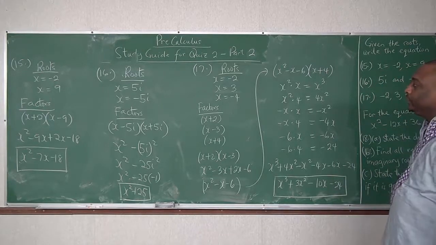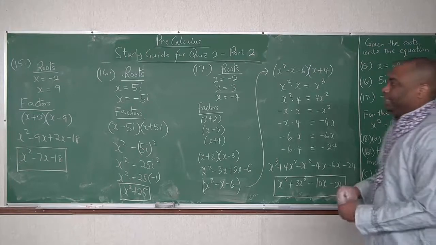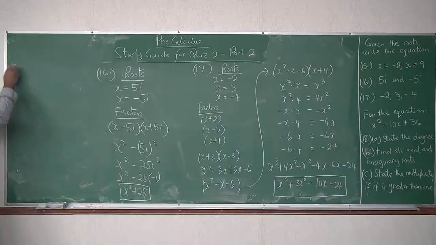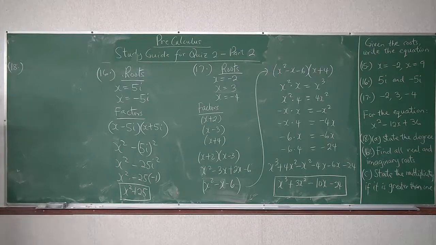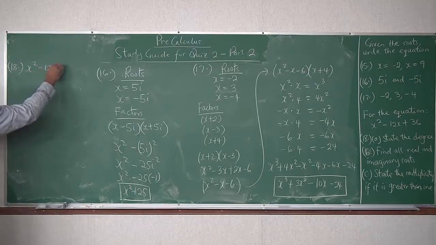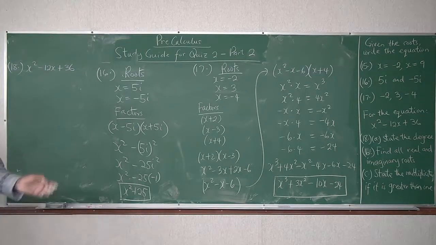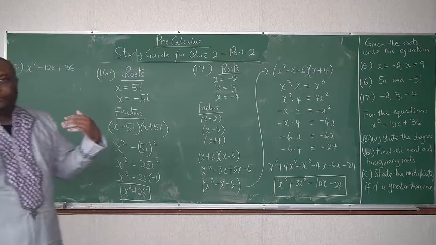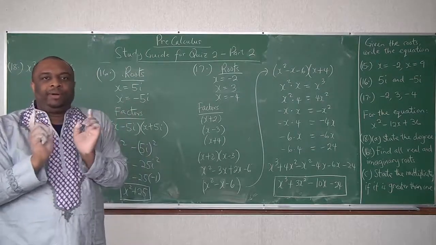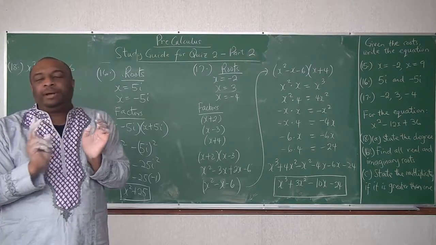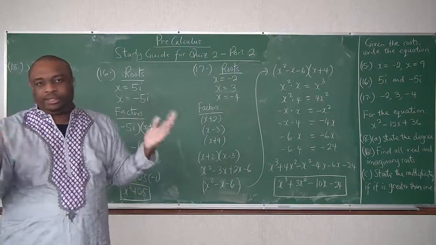Okay. Question 18. For the equation, you have x squared minus 12x plus 36. State the degree of the equation. The degree is 2. Remember, if it is a single variable, which x is, just a single variable.